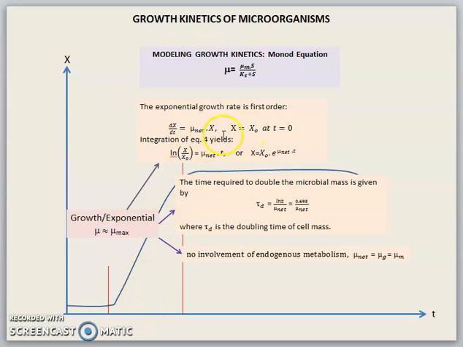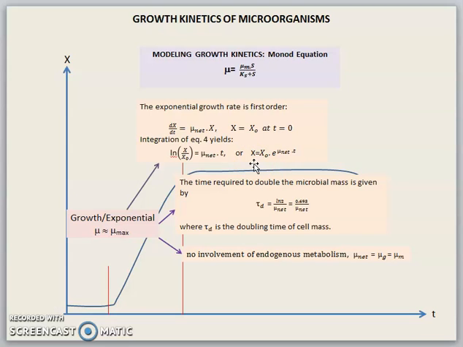If x equals x naught at t equals 0, then you integrate the equation, and it will yield ln x over x naught equals mu net times t, or x equals x naught exponential mu net t.